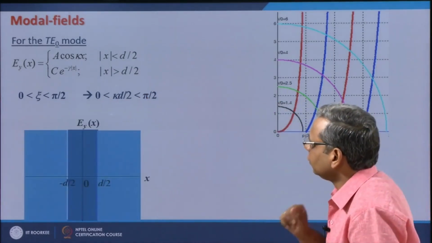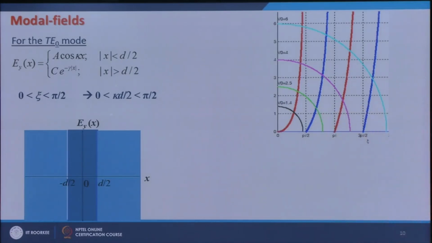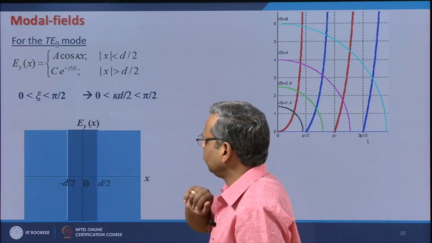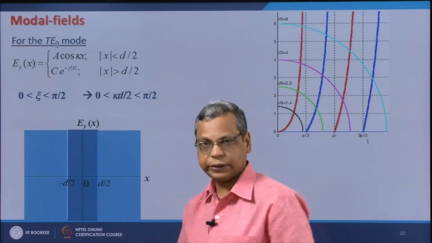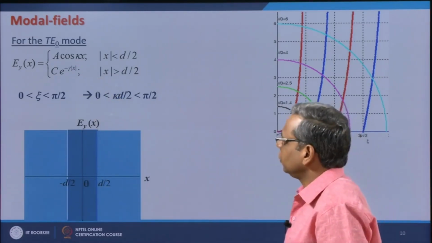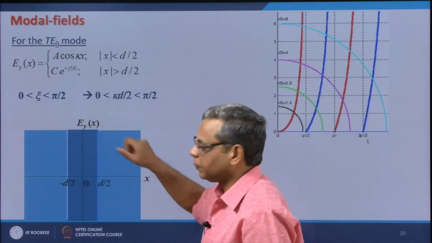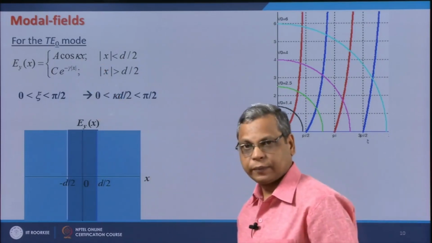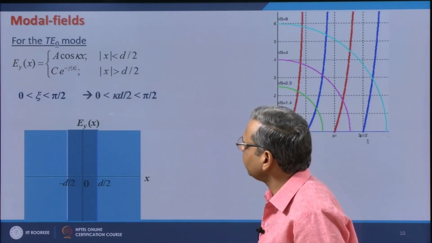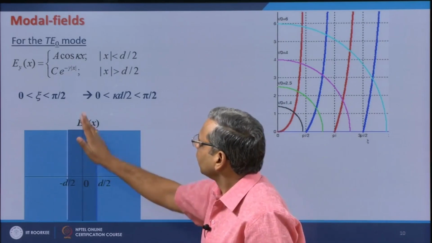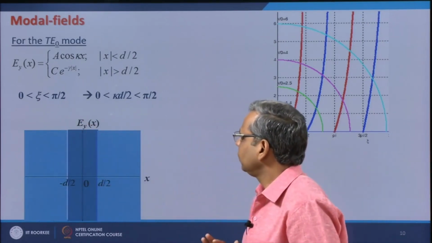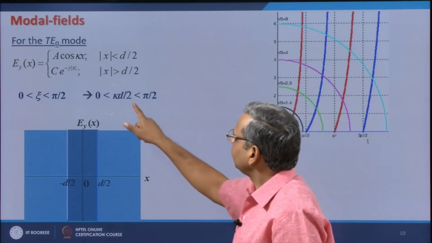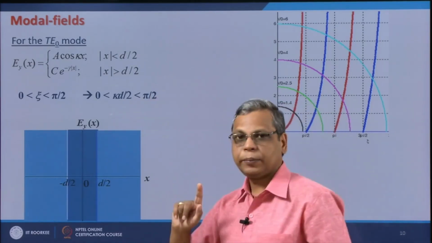Now, let us look at the waveguide and the modal field. In the region mod x less than d by 2, the solution is a cosine function. So, I will have cosine kappa x. What would be the value at the boundary? At the boundary, I have kappa x equal to kappa d by 2 and minus kappa d by 2. But kappa d by 2 is always less than pi by 2.